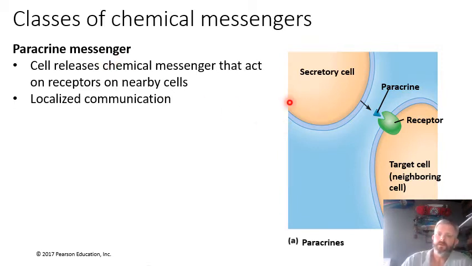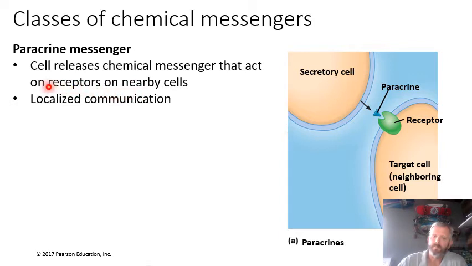You have one cell, the secretory cell, that is the cell that's going to release the chemical. In this case, the chemical is a paracrine messenger because it is released into the interstitial fluid around it. Therefore it can only talk to cells that are nearby and have access to this interstitial fluid. So again, this is localized communication.